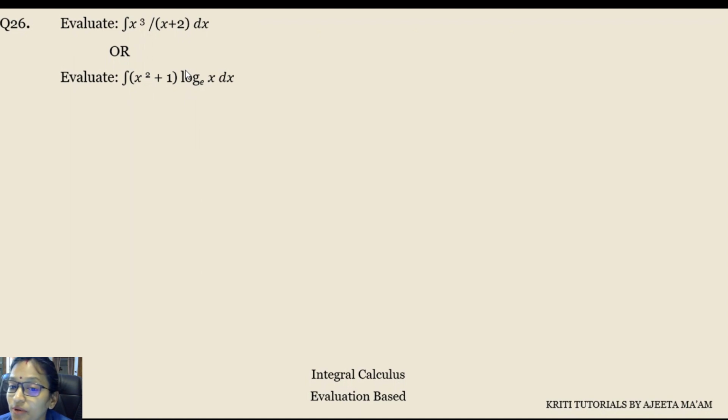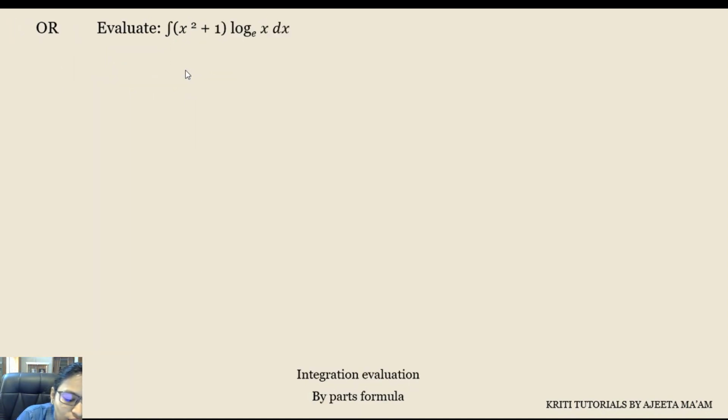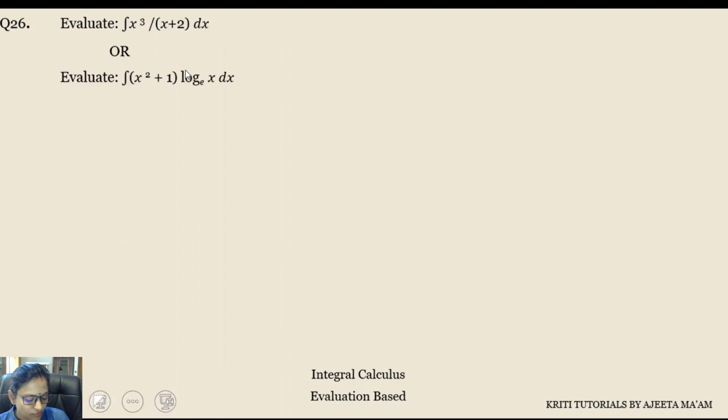Degree of the numerator and the denominator. Here we see that the degree of the denominator is 1 and the degree of the numerator is 3. So what we have to do is divide.